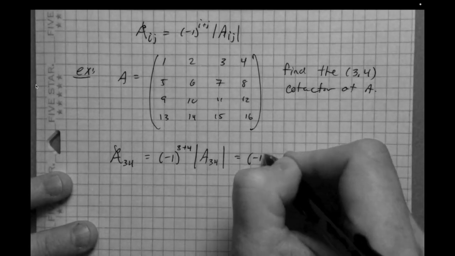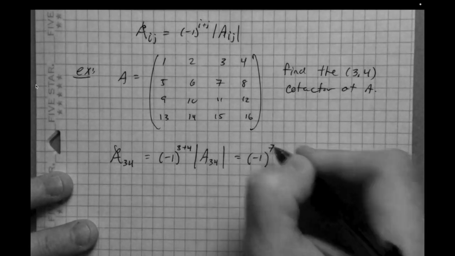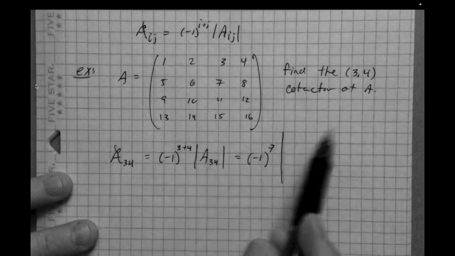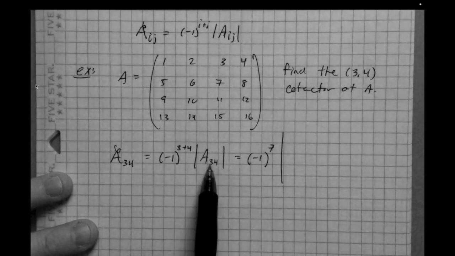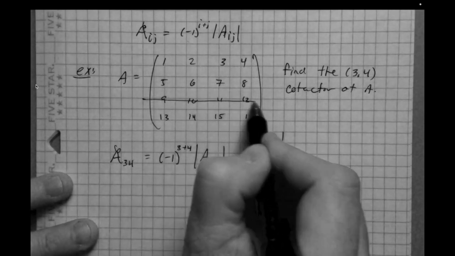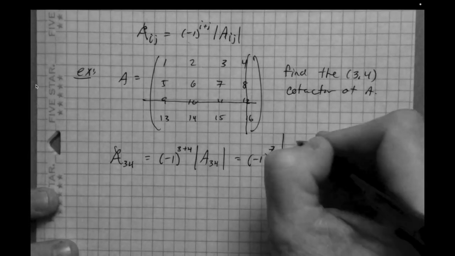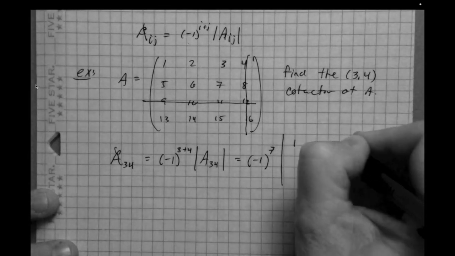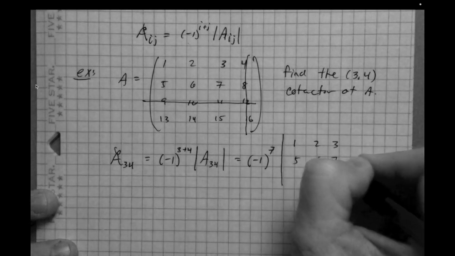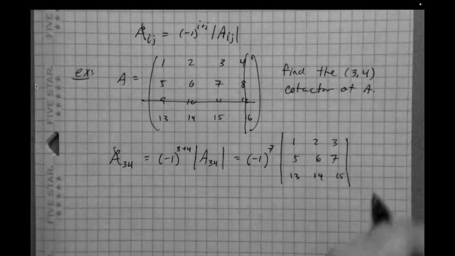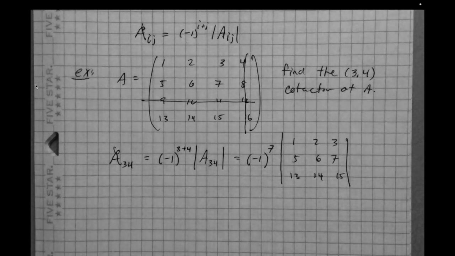So I've got -1, and this is obviously the 7th power. Then this is going to be the submatrix A34, so that means third row out, fourth column. You can do this in your head or explicitly. This is going to be the matrix 1, 2, 3, 5, 6, 7, 13, 14, 15. And so this is going to be the A34 cofactor.